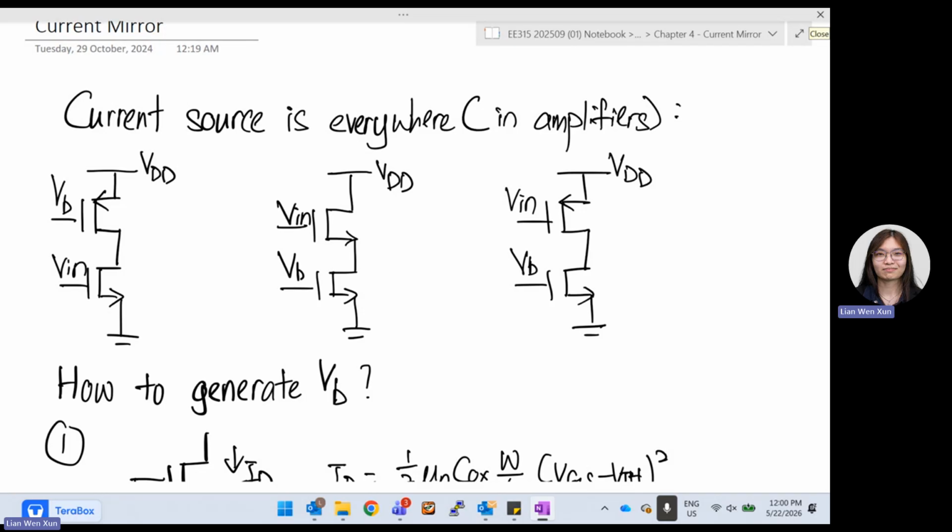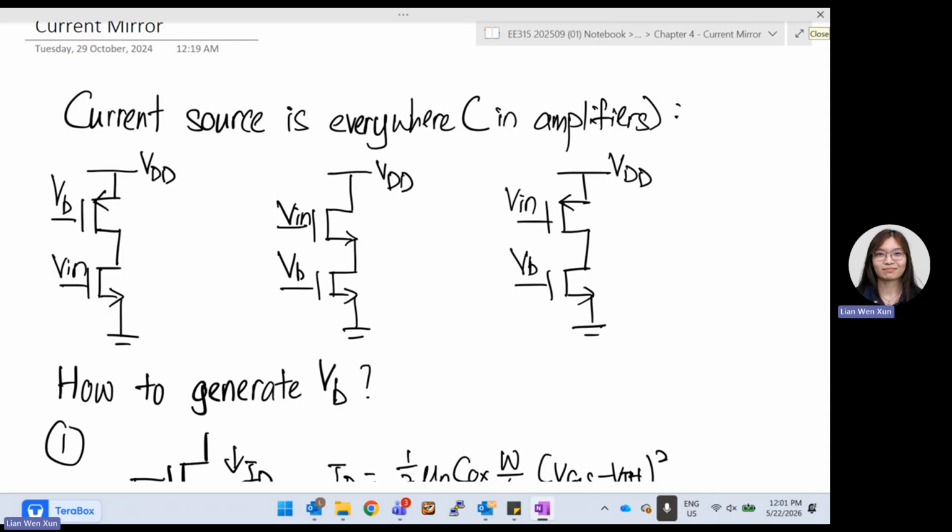So you can say that the first case looks like input and output. So it looks like a common source with current load. Common source with current load at the top. And then the second one is a common drain. The third one is a common gate.